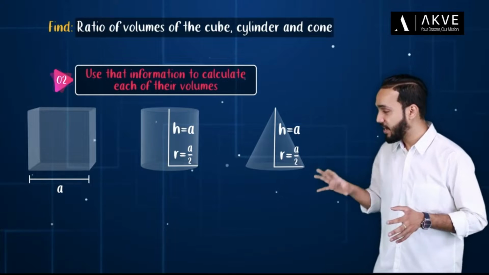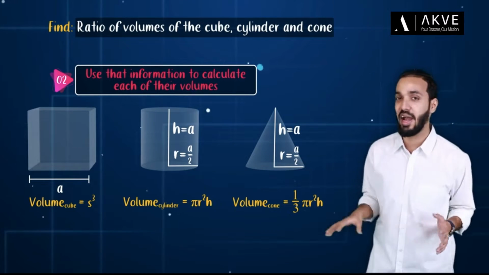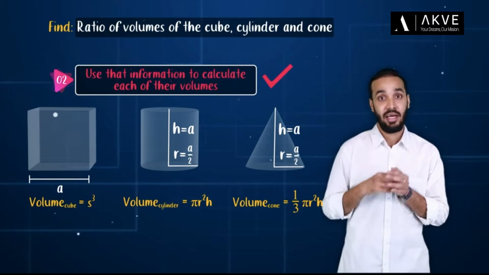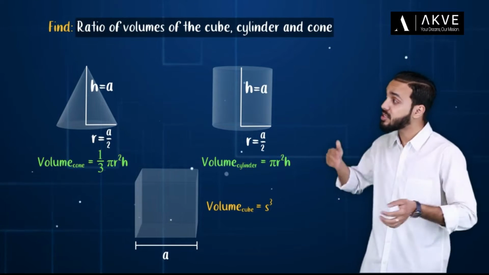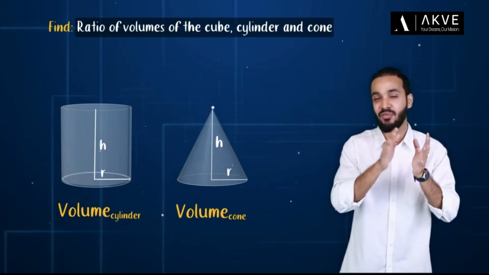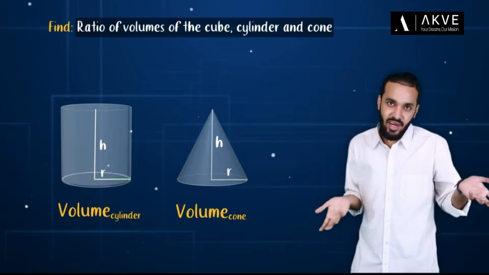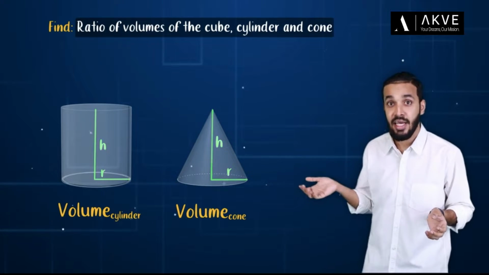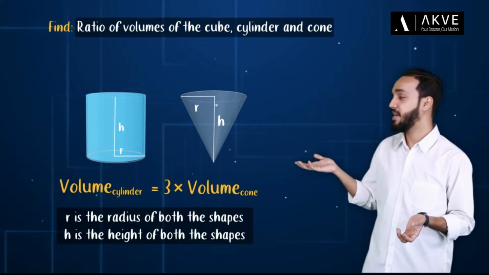Just use these available basic terms in the respective formulae and you'll be able to find each of their volumes. The fun part is, you don't have to find the volumes of both the cylinder and the cone. If you remember the video on volume of cones, you would know that the volume of a cylinder of radius r and height h is 3 times the volume of a cone with the same radius and height.